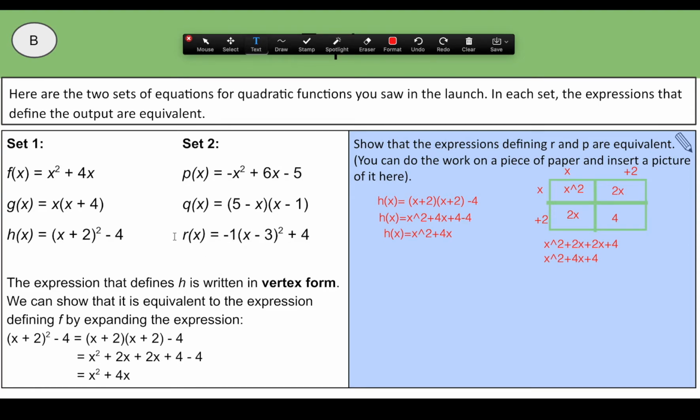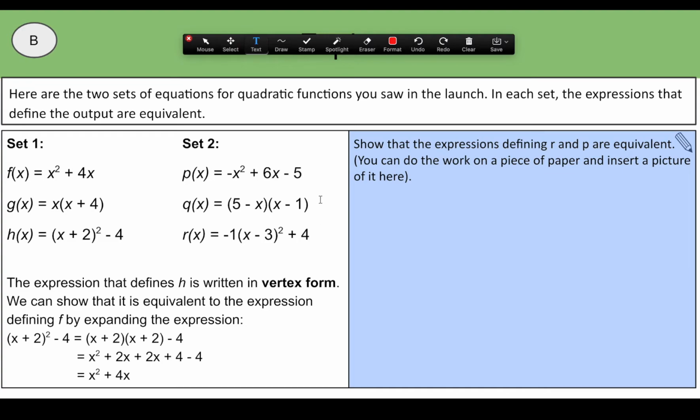How can you prove that r of x is equivalent to p of x by expanding it? Okay, so you might pause right now, and if you need some additional support, I'll help you get it set up right now. So we want to prove that r of x is equivalent, so I'm going to write r of x equals -1 times, and we're going to expand this part out.